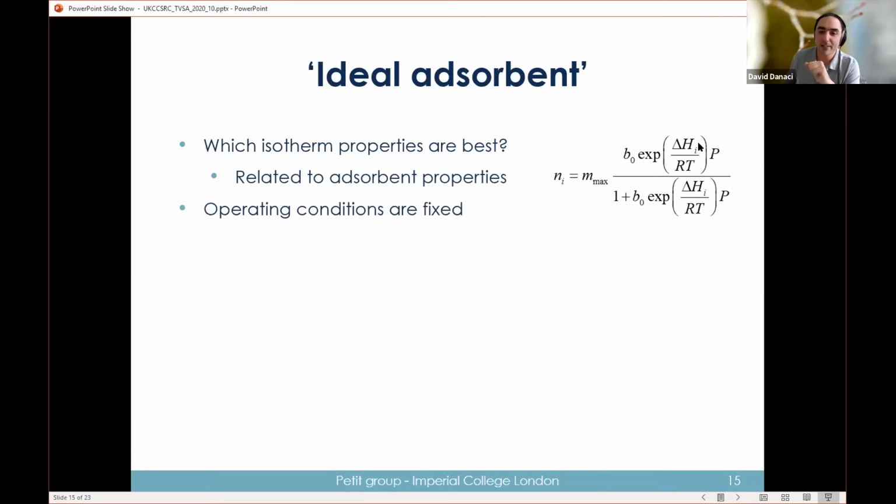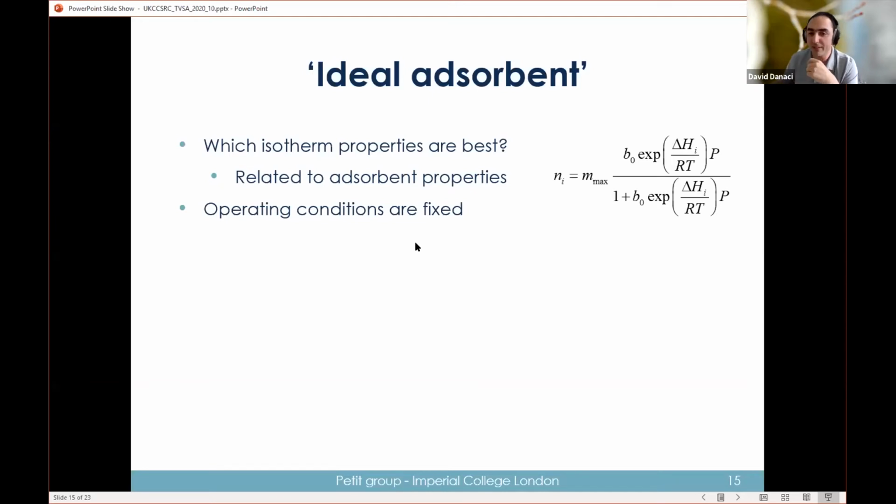And then we vary the heats of adsorption for CO2 and nitrogen to generate a set of temperature-dependent isotherms. And then we run the model, in this case, under fixed conditions to generate a map.